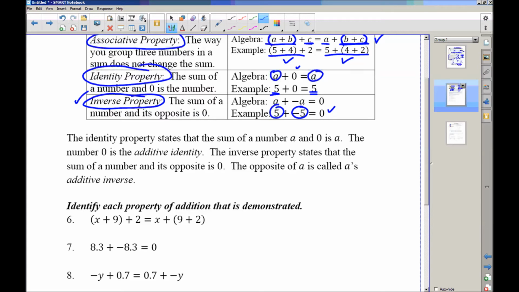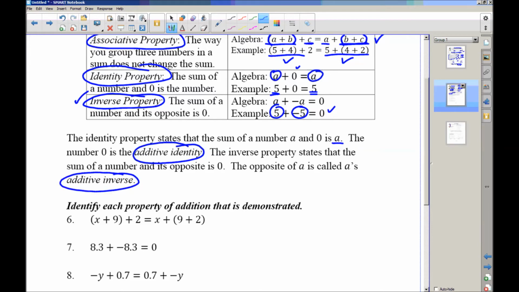Okay. The identity property states that the sum of a number A and 0 is A. The number 0 is called the additive identity. So you can always add 0 onto something and it doesn't change. Okay. The inverse property states that the sum of a number and its opposite is 0. So the opposite of A is called the additive inverse.